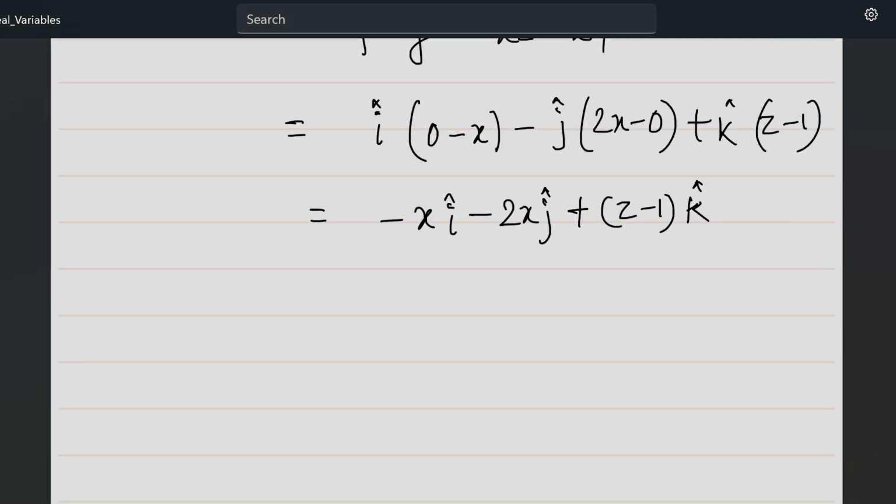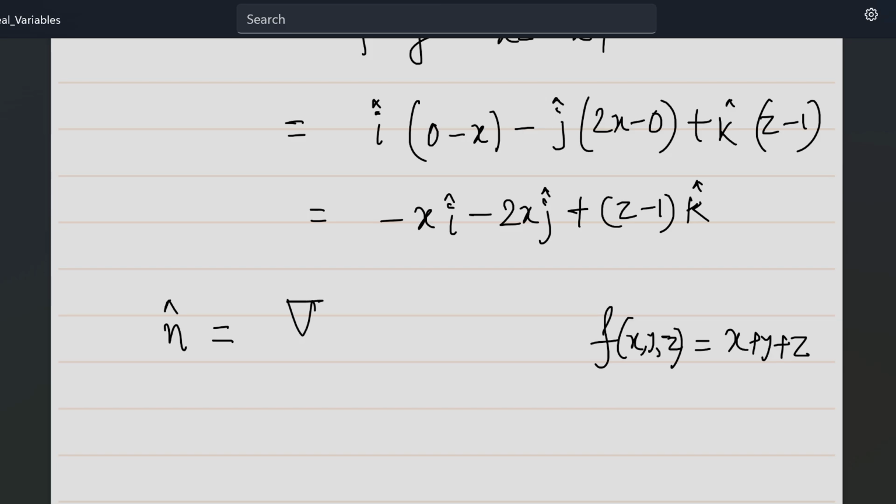Now you have to find n hat, the outer normal of F. So how do you find n hat? Suppose F is given, F of x y z is the surface, x plus y plus z. So what is n hat? n hat is what? F is any surface. What is the outer normal of that surface?